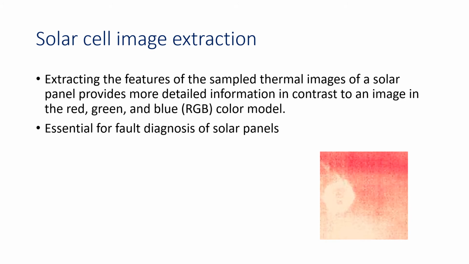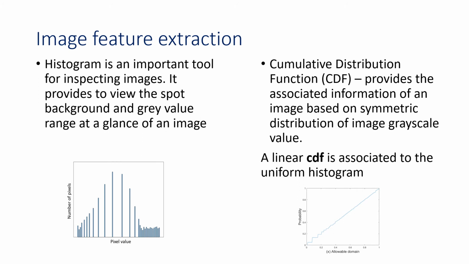Extracting the features of the sample thermal images of the solar panel provides more detailed information in contrast to an image in the RGB or red, green, and blue color model. And also, it provides essential information for fault diagnosis of solar panels. In this proposed research work, the image feature extraction that we use are histogram and CDF or cumulative distribution function.